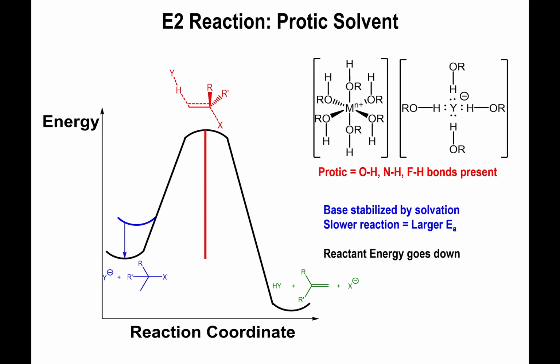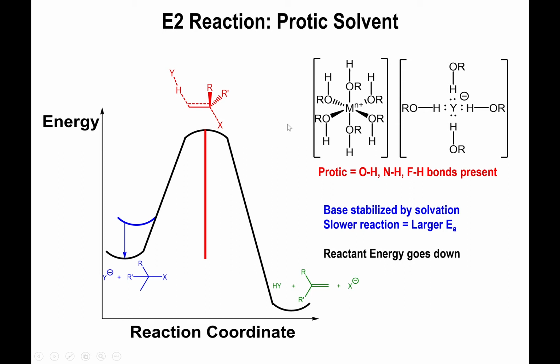In regards to solvent, the story is very similar to the substitution reactions, in the sense that if you do have a protic solvent, the protic solvent is going to coordinate to the cation, but it's also going to coordinate to the anion, aka the base. And in doing so, it forms a cage around it that makes it more difficult for the base to reach the alpha hydrogens to carry out the elimination.